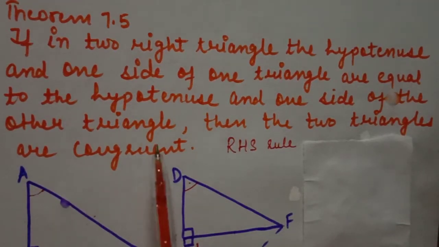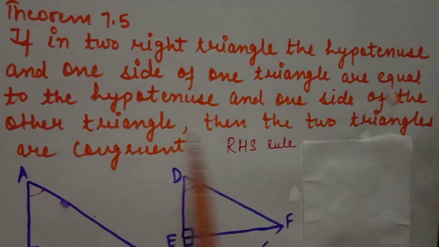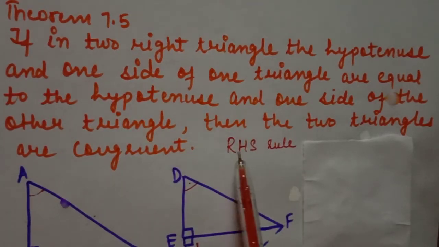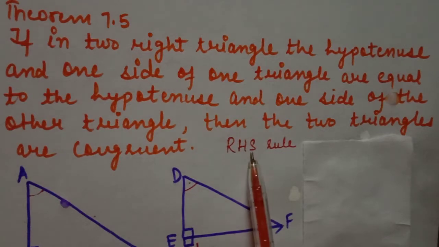So students, basically it is the RHS rule: right angle, hypotenuse and any one side.